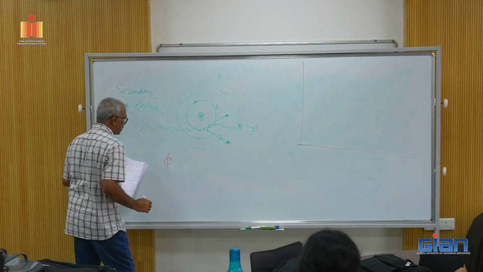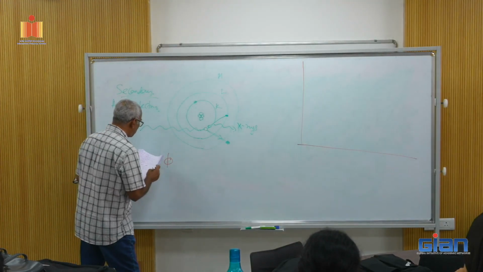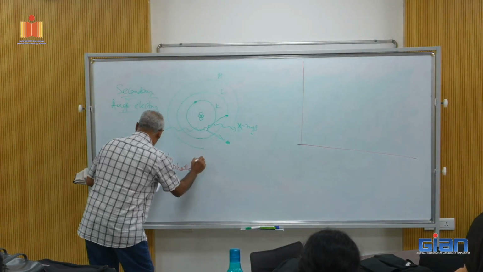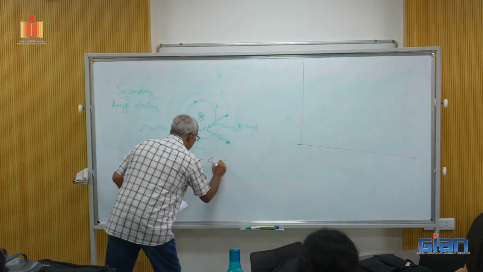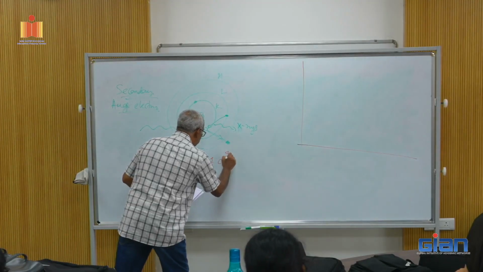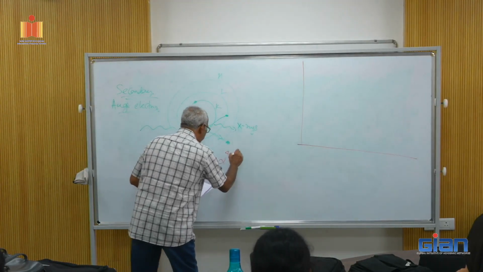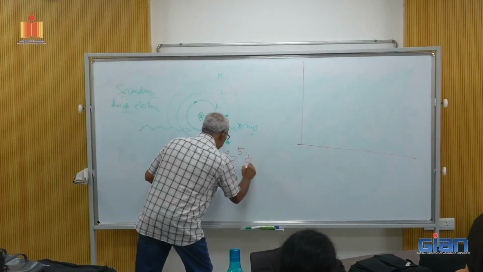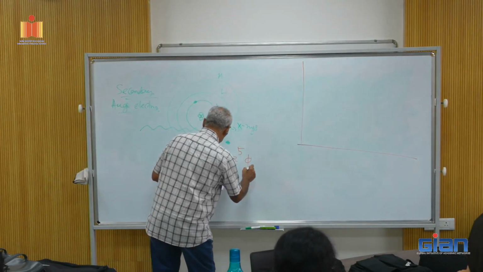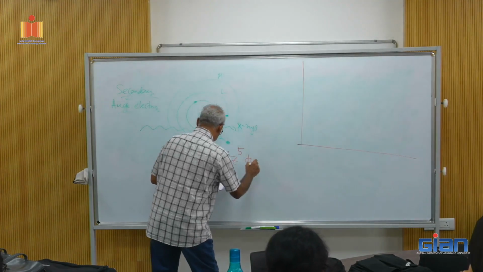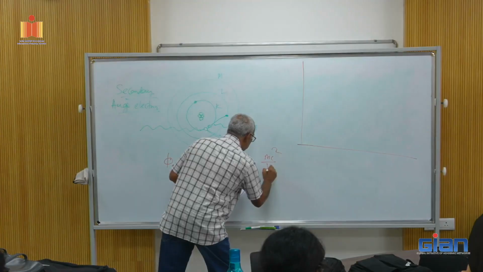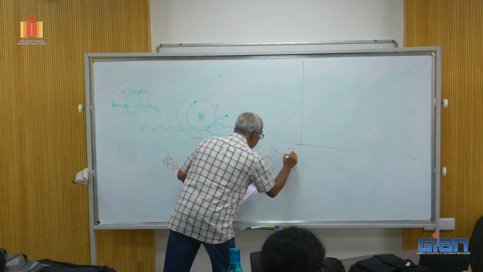The cross-section formula for the photon is something like 4 alpha to the power 4, z to the power 5, phi t, and mc square over h nu to the power 7/2.